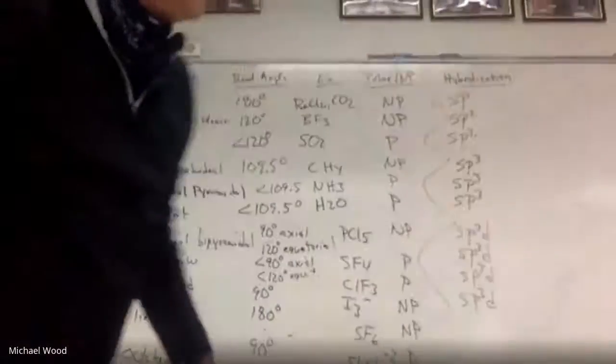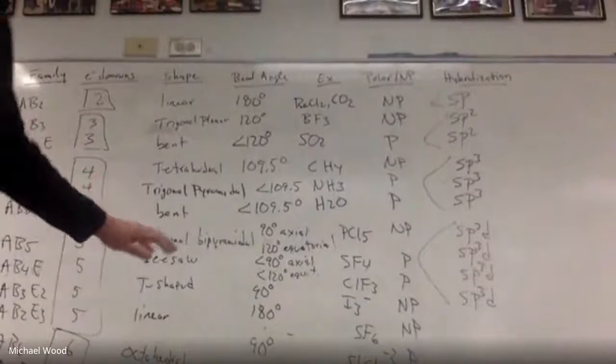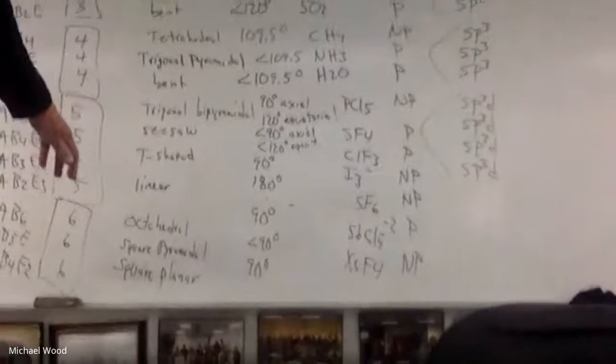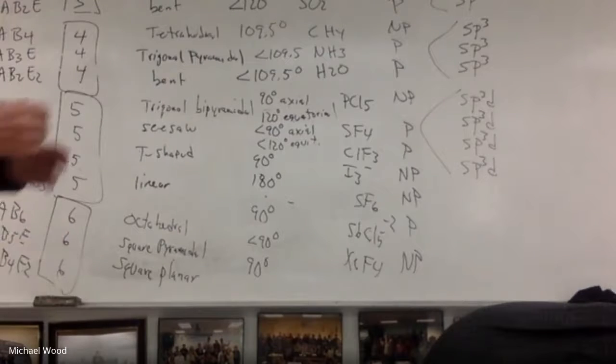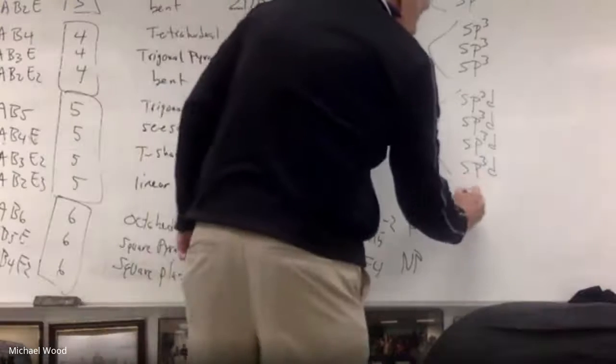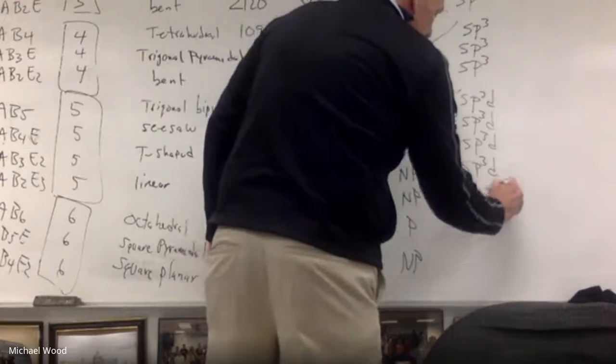Okay, so then if I go back here and complete this table, where I'm at now is down here on the bottom. So this is the six electron domains. All these are going to be sp3d2.